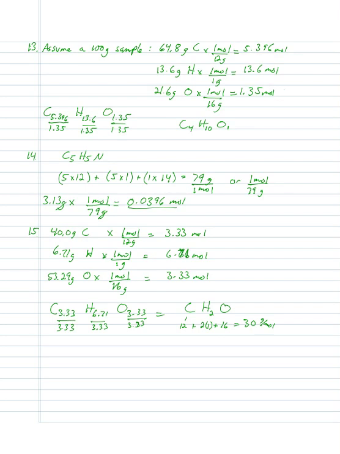Okay, so how many of those empirical units do I need to get to 60? I need 2 of them. It's always going to be an exact multiple of it. So I need 2 of those, and so that means my formula would be C2H4O2. So that would be my molecular formula for that.